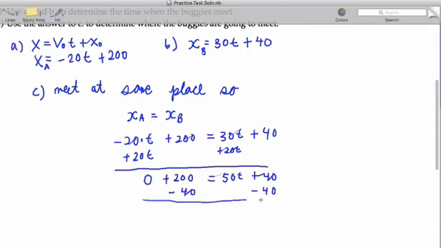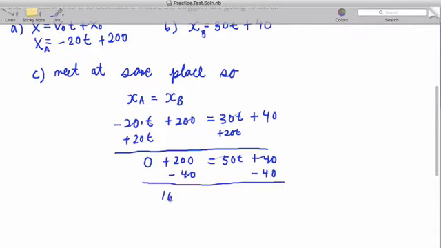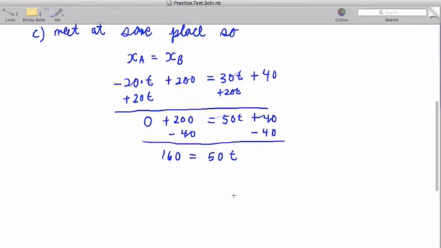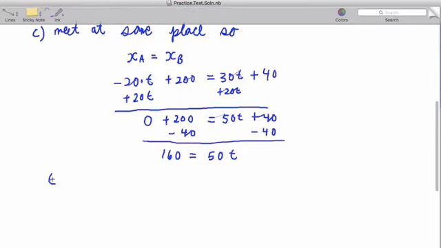And that's going to give me that 160 equals 50t. Finally, I will simplify. I get that t equals 160 over 50. And when I actually simplify that, I'm going to get 3.2 seconds.